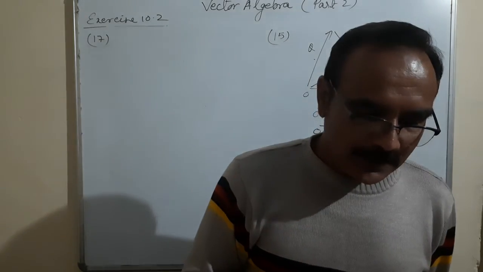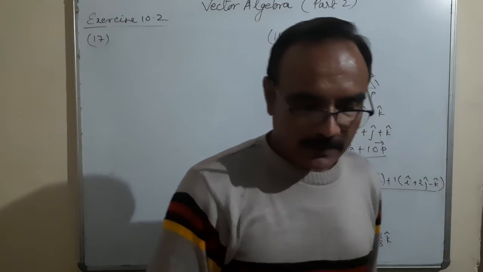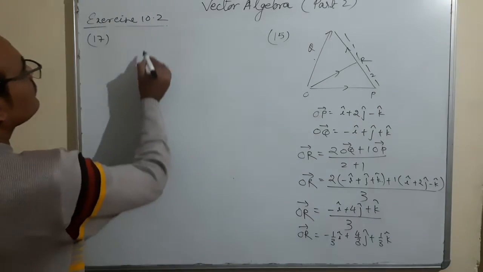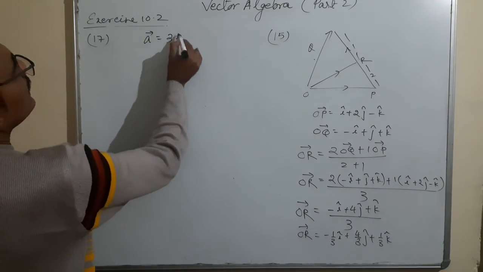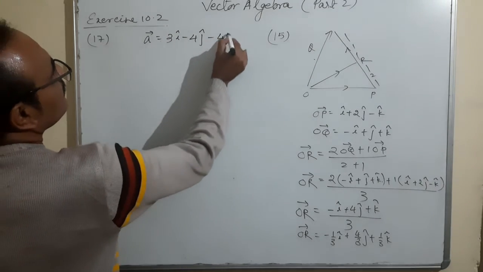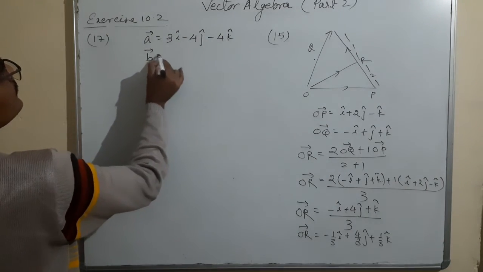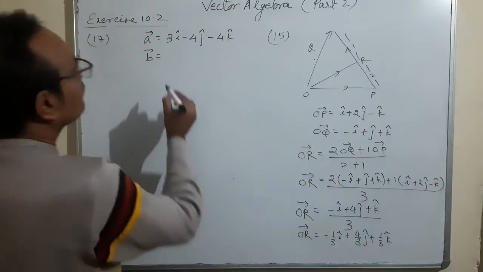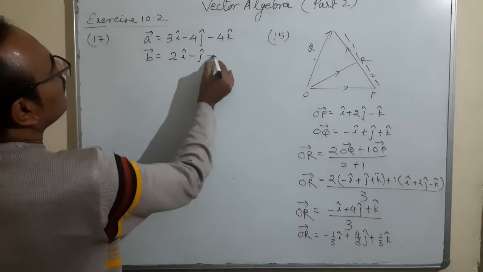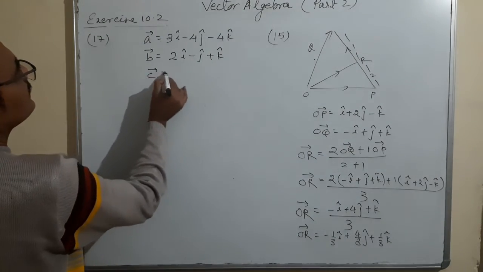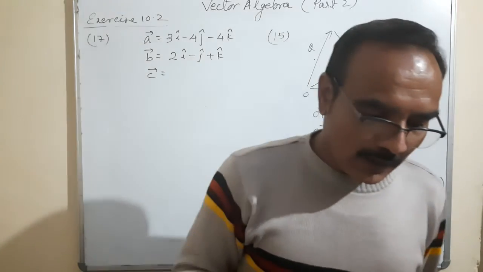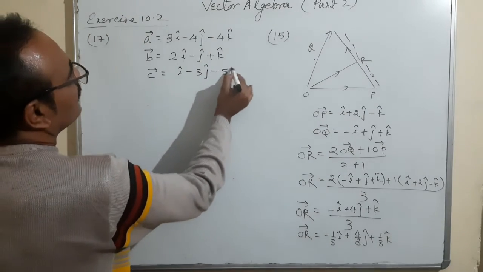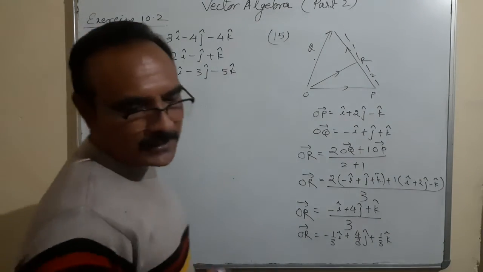The position vectors are vector A: 3i minus 4j minus 4k, vector B: 2i minus j plus k, and vector C: i minus 3j minus 5k. These are the three vectors given.